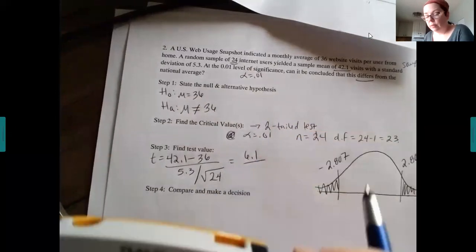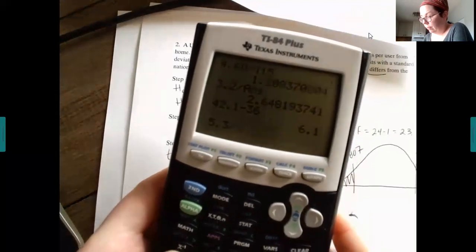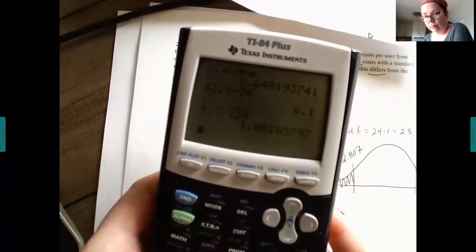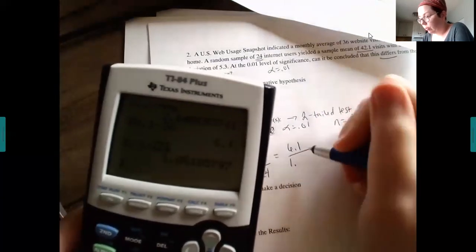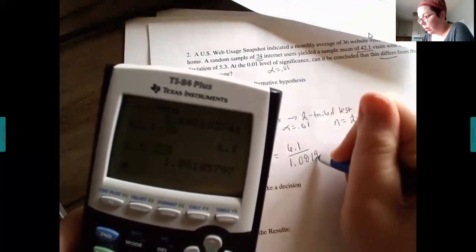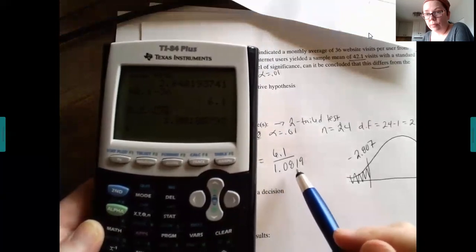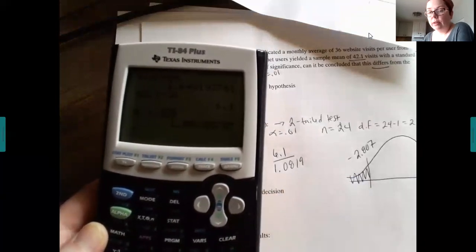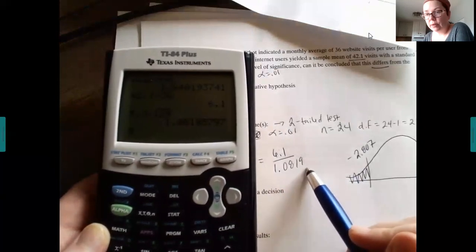Odds are this is not going to be a nice, easy number. And sometimes not. So just for writing sake, you can round it, 1.0819. But again, if you're going to re-enter it into the calculator, I would suggest you go out at least 4 spaces down here.